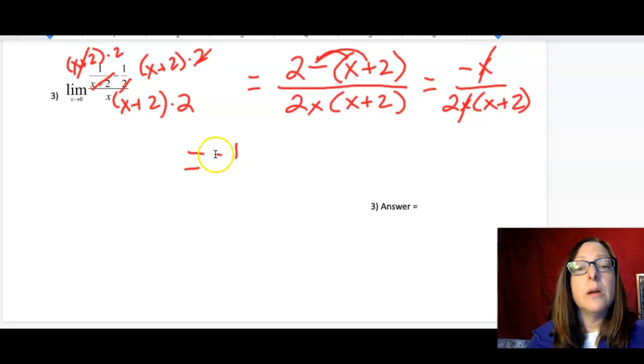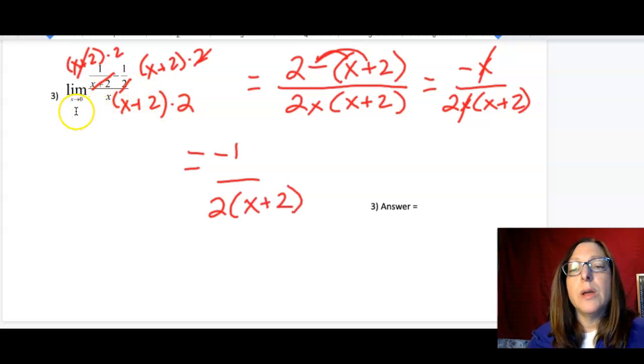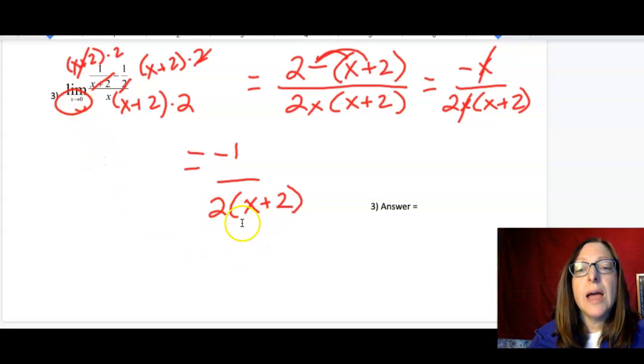So I have a -1 on top as a placeholder, and then a 2 and an x plus 2. And now when you plug in 0 for x, you're going to have -1/4 for an answer.